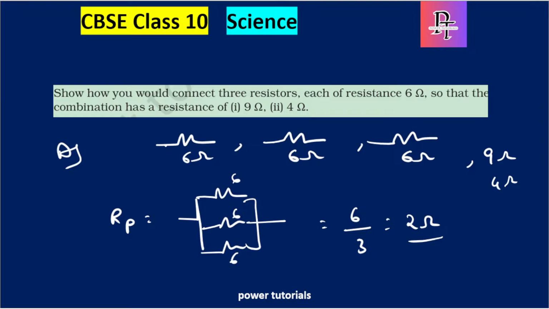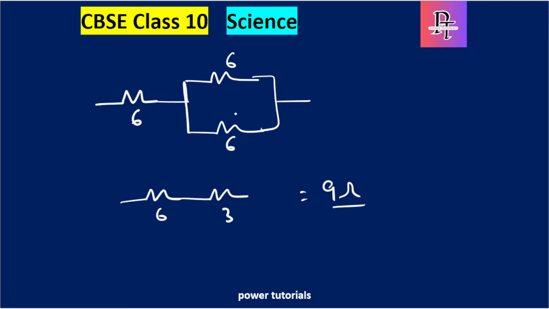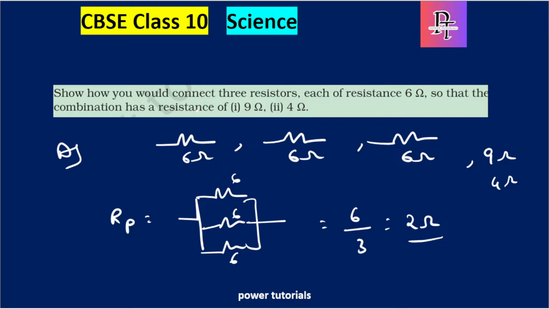All 3 in parallel also we cannot get 6. We have 3 resistors, each of resistance 6, and the combination has resistance 9 and 4. 9 is simple. If we have it in this way, we'll get 9. See the question again. 3 resistors, each of resistance 6 ohms, so that the combination has resistance of 9 ohms is possible.